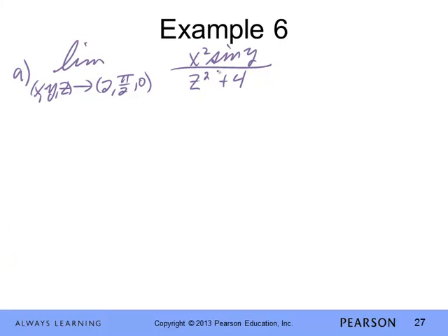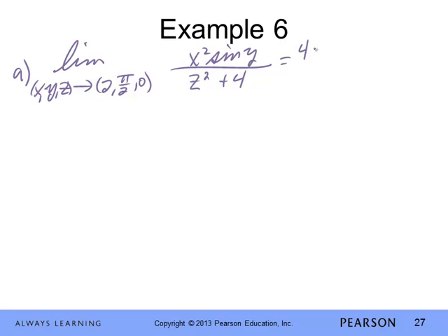Okay, and then the numerator, you got x squared, a perfectly fine polynomial. Sine of y accepts all values for y. So, do you see any restrictions there? Anything that's going to explode? Plug any numbers in? Anything? No, so nothing's going to blow up. And indeed, when you plug in 2 for x, 2 squared is 4, plug in pi over 2 for y.